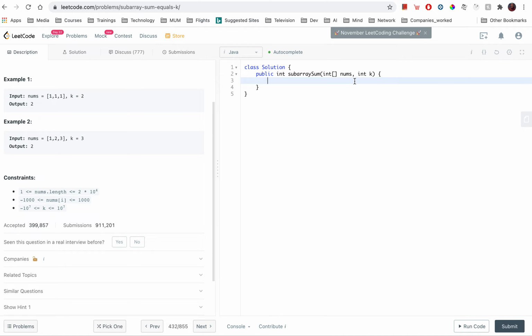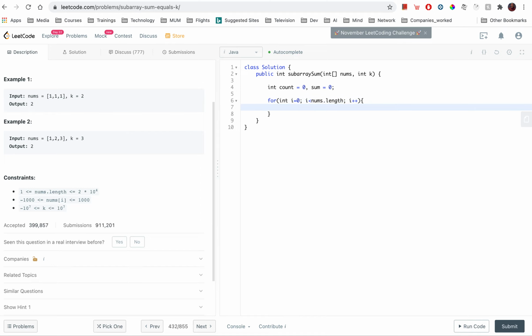Let's go to the solution. So one easy solution that I could think of is we declare two variables, count equals 0, sum equals 0, and then for i equals 0, i less than the length, i plus plus.